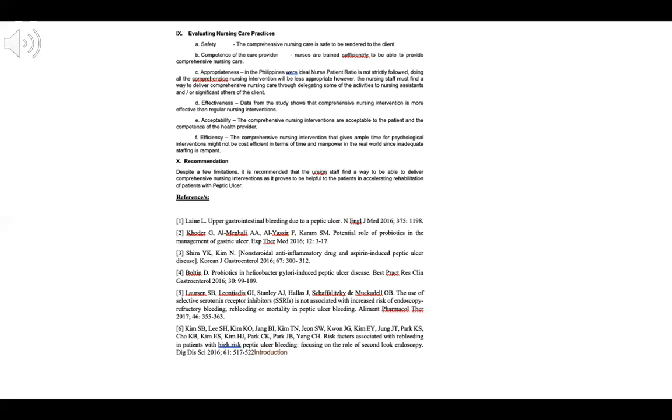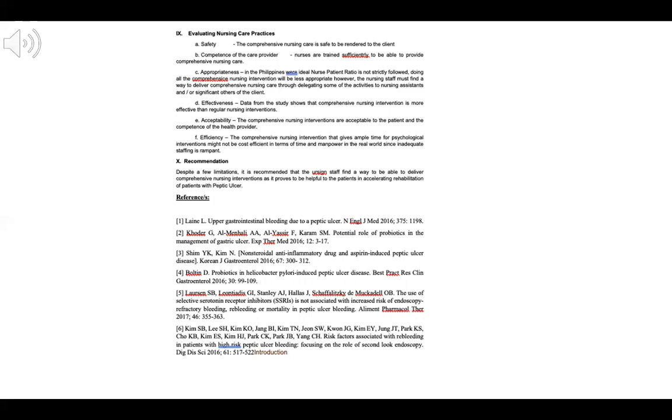So the evaluation is according to safety, competence of the care provider, appropriateness, effectiveness, acceptability, then efficiency. So those are the criteria.